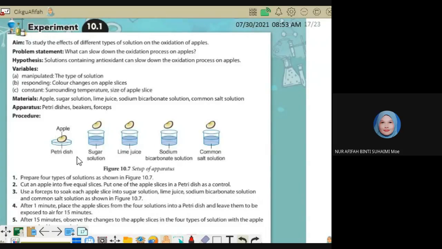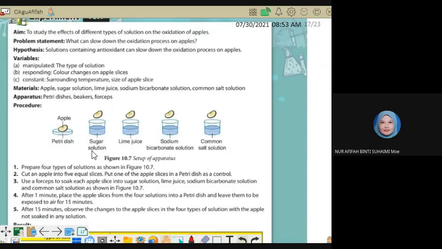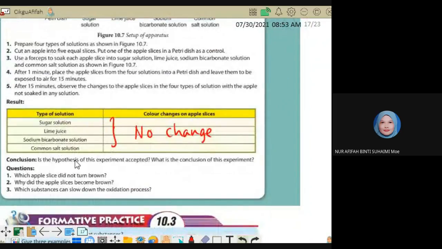You dah buat eksperimen and then the result show that no changes on the apple that is immersed in the antioxidant solution. So hypothesis is accepted. First you write down hypothesis is accepted. Then you write again your hypothesis. Tulis balik hypothesis yang dekat atas tadi. Hypothesis is accepted.